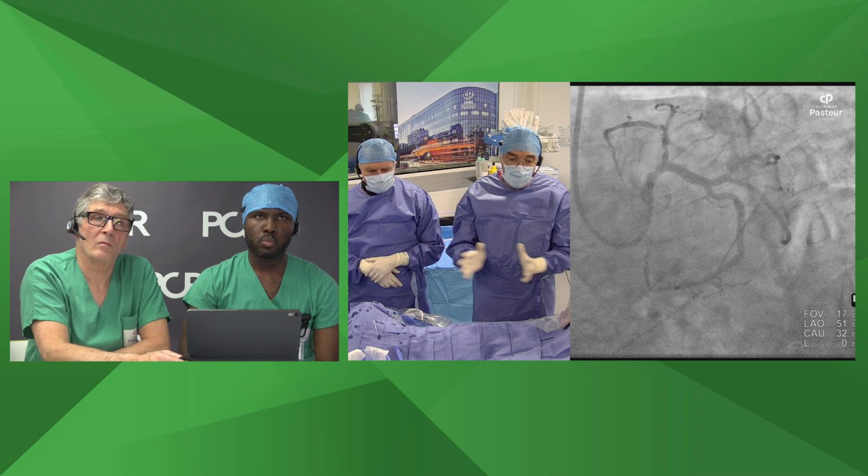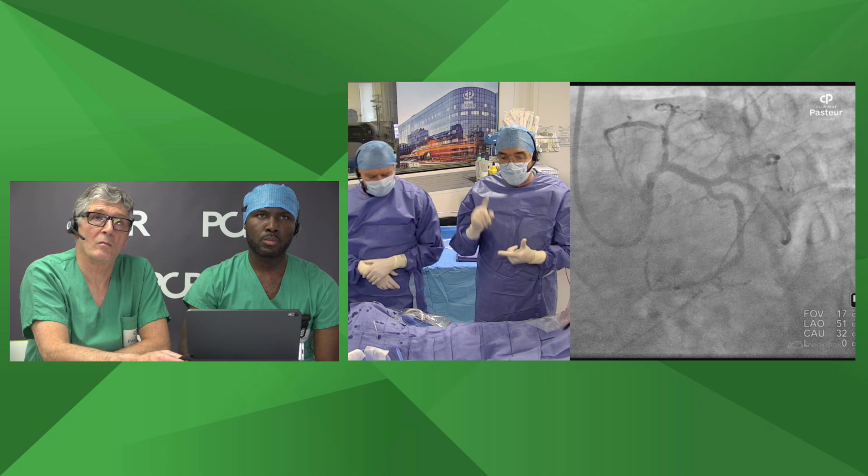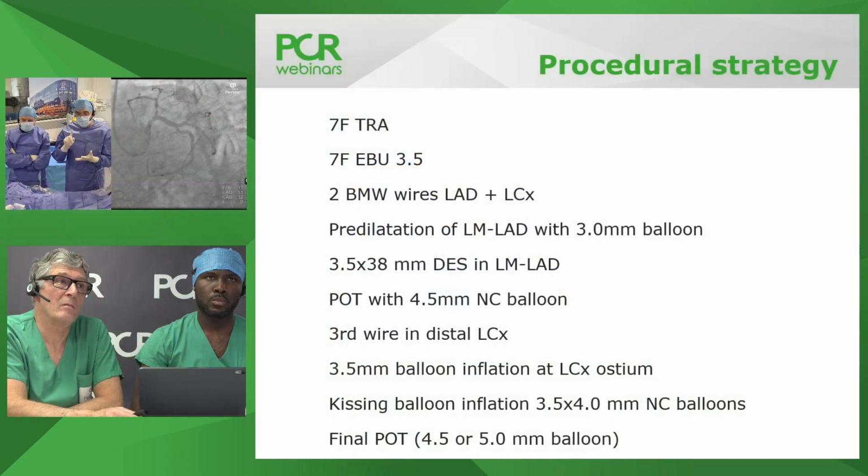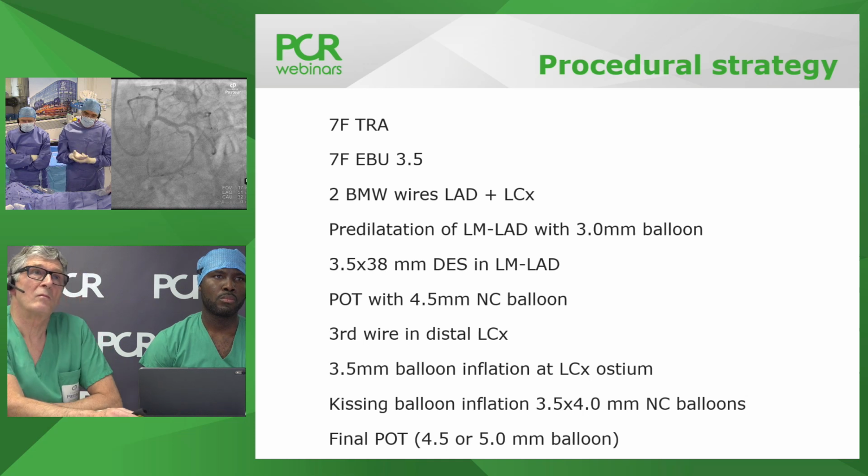So this is our strategy: 7 French, provisional stenting, and kissing balloon, POT before kissing, re-POT, and after the final POT, you will see. So I think that this strategy is summarized on the slide that you can see now.